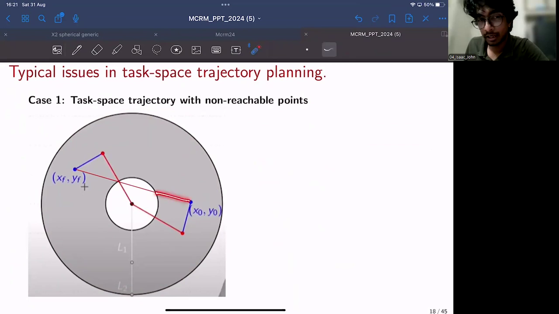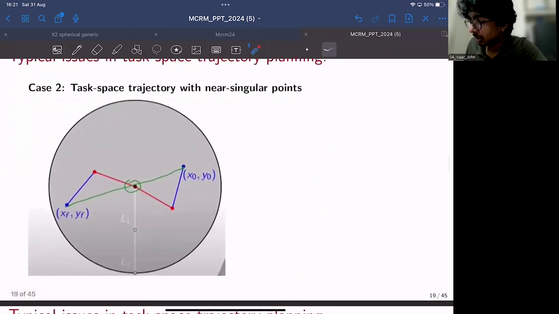Up to here it is okay. From here to here it is not possible because it's outside the workspace. And from here to here it is possible again. So there is a region of issue that we may have if you try to plan a trajectory in task space like this. So that is one issue.